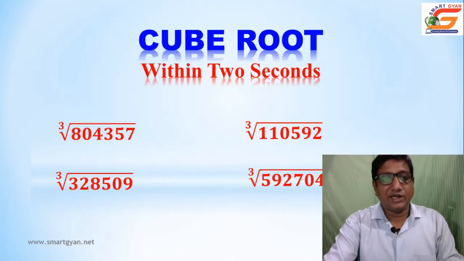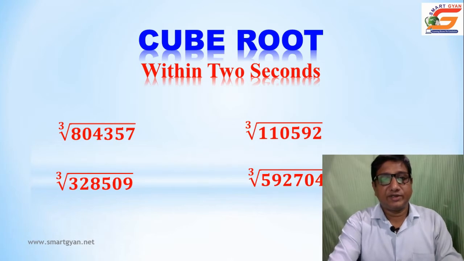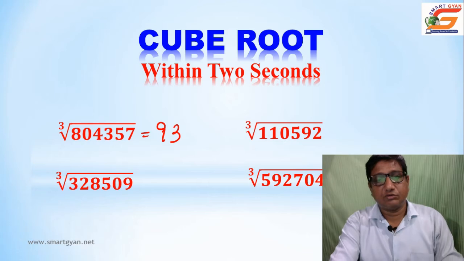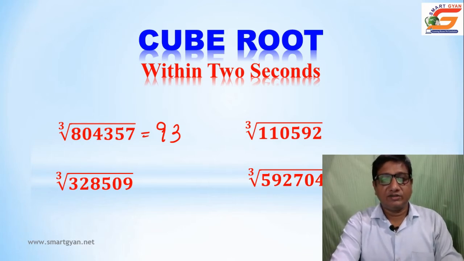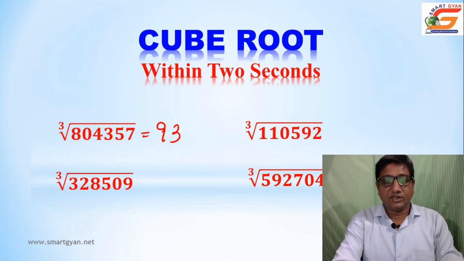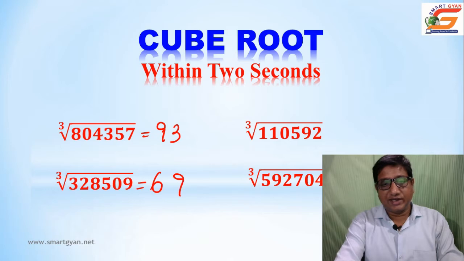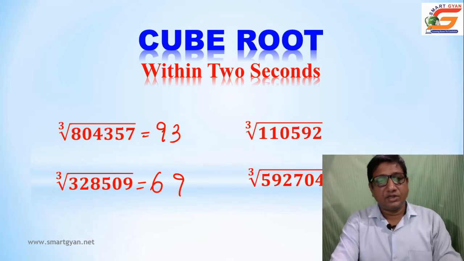Cube root of 8,04,357: 93 is the cube root. Next, 69 is the cube root of 3,28,509.